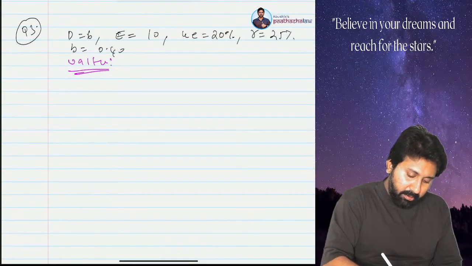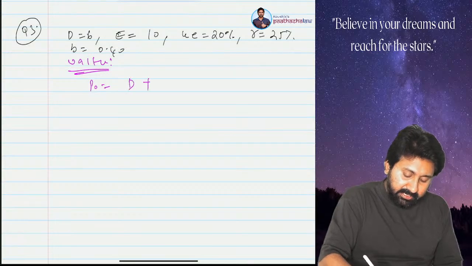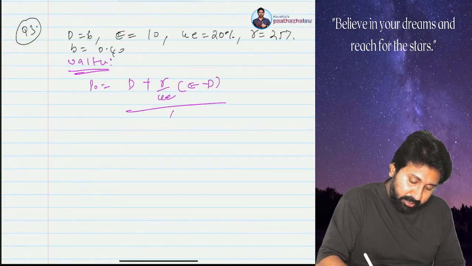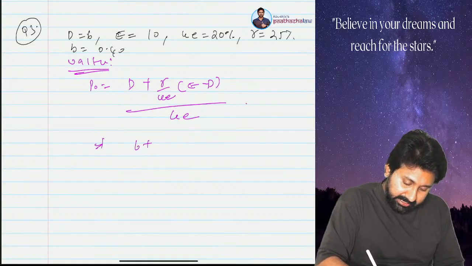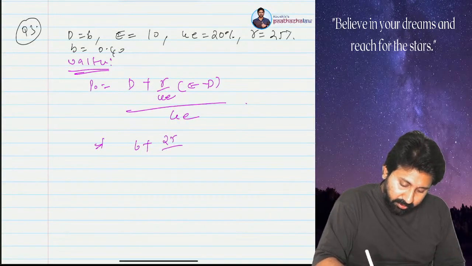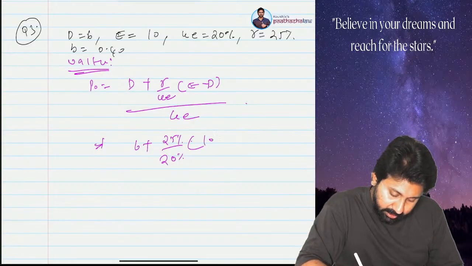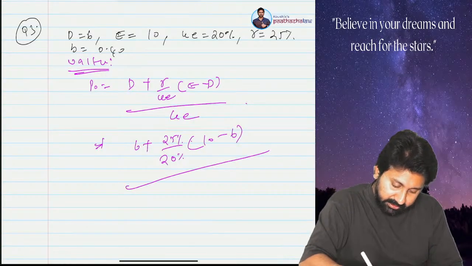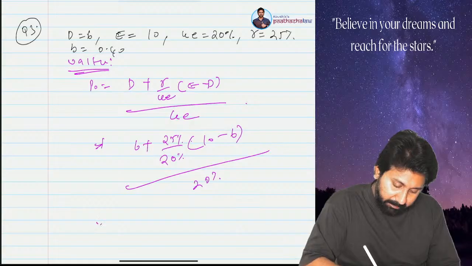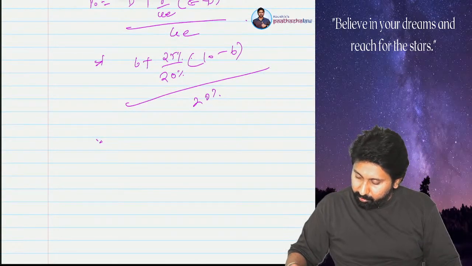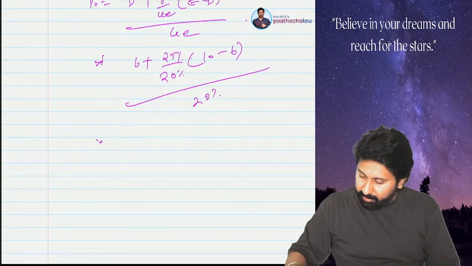Walter. First write the formula, practice in the class here itself. D plus R by KE into E minus D, whole divided by KE. 6 plus 25% divided by 20% into E minus D, whole divided by 20%. 0.25 divided by 0.2 into 4, plus 6, divided by 20%.